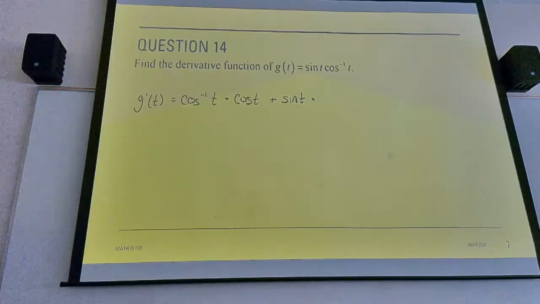Second function. Is what? That's the derivative. Right, so the second function is the inverse cosine, which has that derivative.